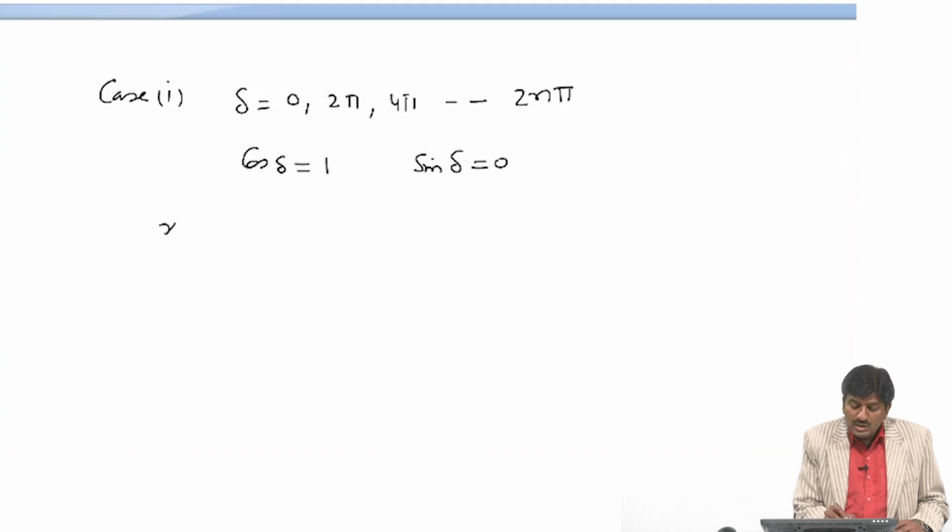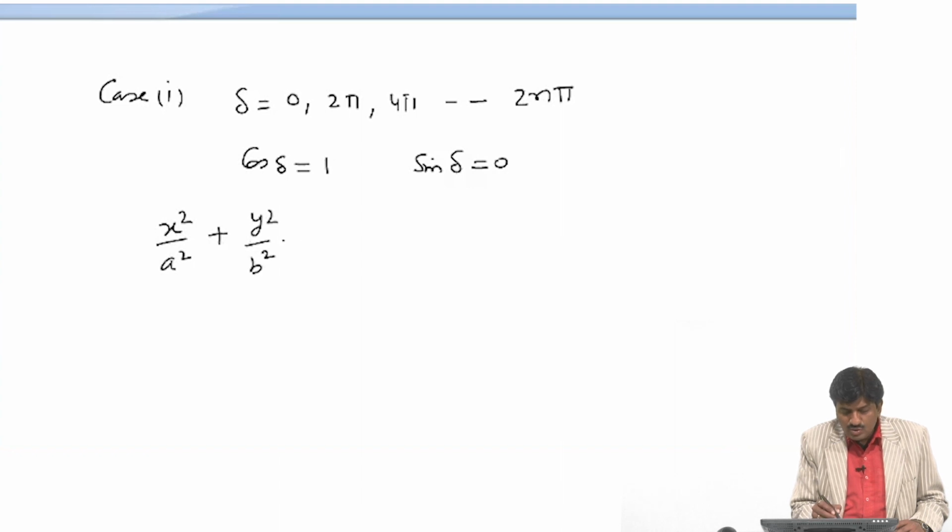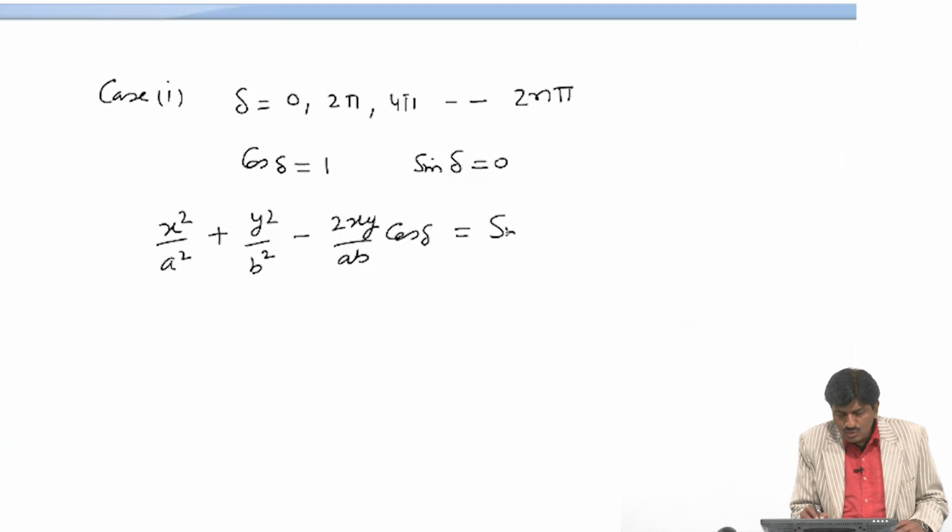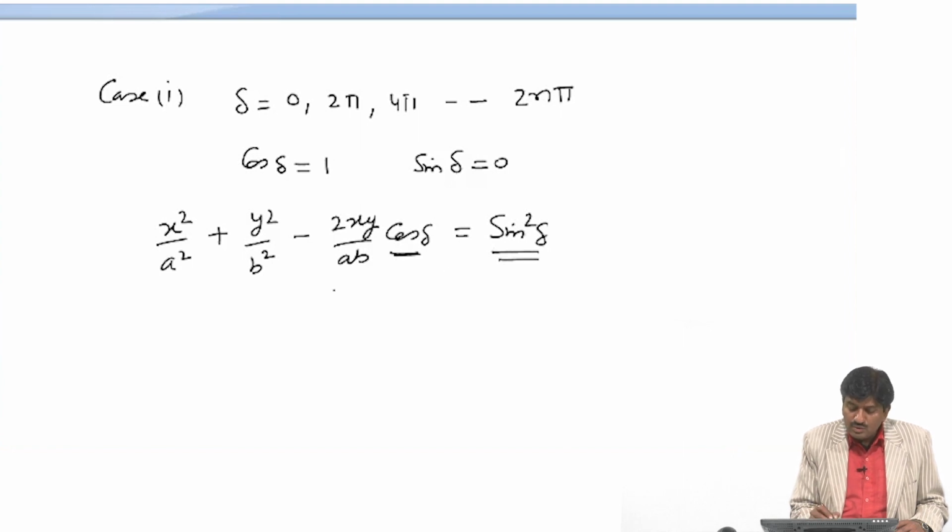Or we can say the general equation is x square upon a square plus y square upon b square minus twice x y upon a b cos delta equal to sin square delta. In this equation, these terms become 0 and cos delta is 1.